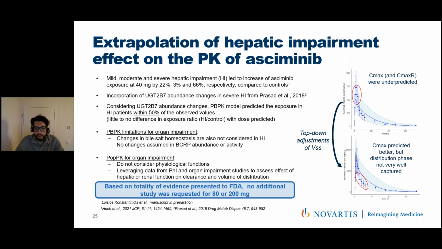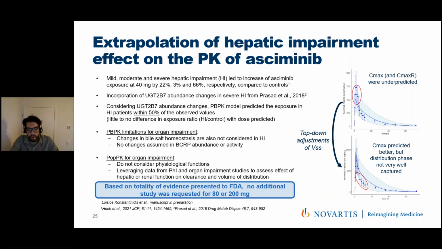On the other hand, there were some additional changes that were not really considered within the PBPK model. One of these was potential changes in bile salt homeostasis, especially in severe hepatic impairment, which might affect the exposure of this drug, as it's very sensitive to bile salt concentration. And also there were no changes in the abundance of BCRP implemented for the hepatic impairment.